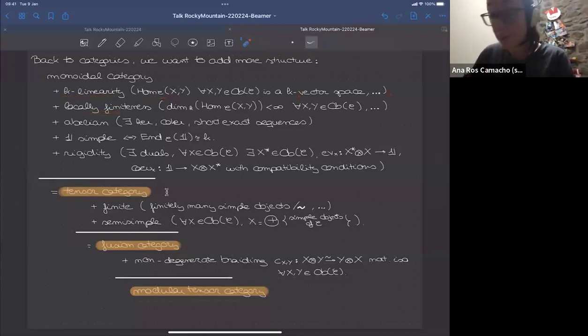Local finiteness means that these vector spaces, which are the Homs, are actually finite dimensional, no matter which two objects you take. Also some extra conditions in here.